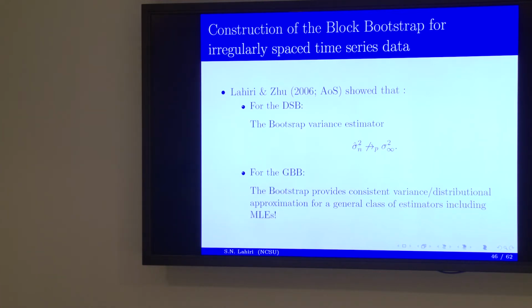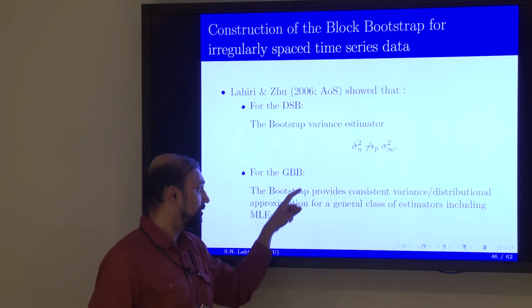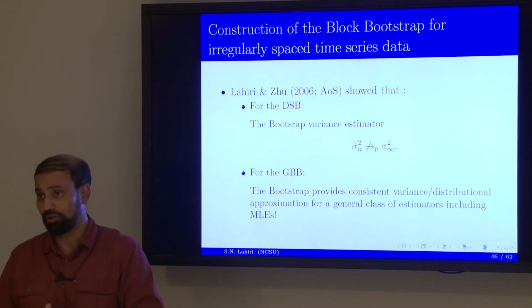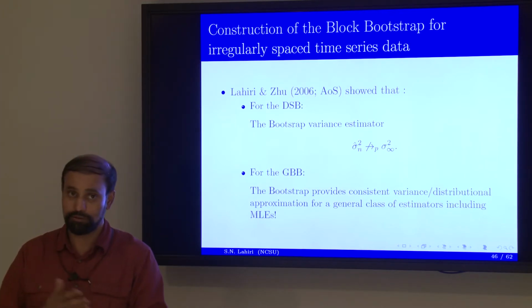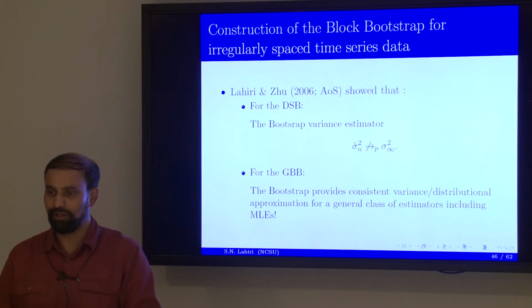It will give you distributional consistency, variance consistency, all of that. So it doesn't matter what sort of effect you have for this spatial sampling density or the underlying covariance function, it will be able to capture all of that. So some sort of uniformity is what gives you a better representation in the bootstrap world than being guided by the starting points.